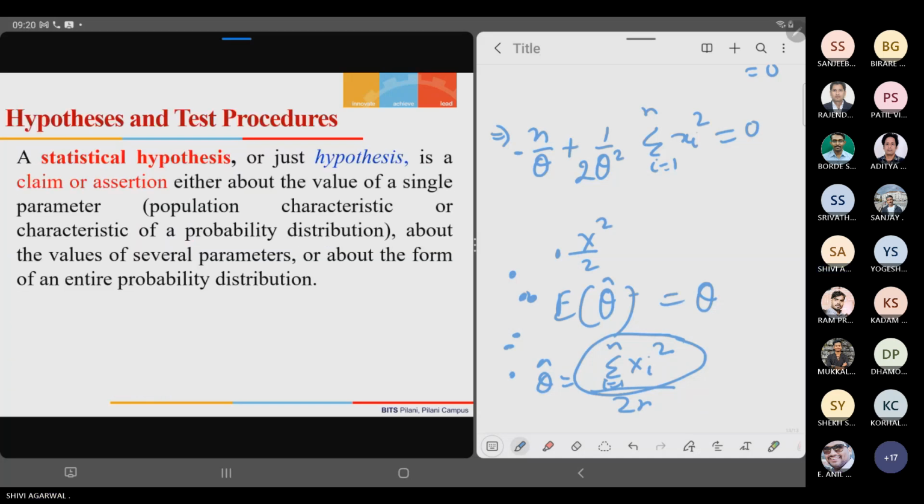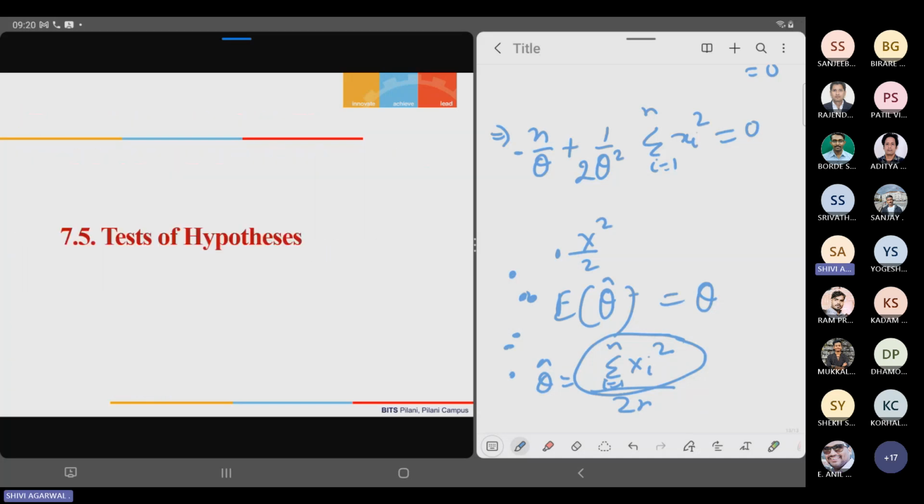Okay. So now we will do the test of hypothesis. So we have done the two types of point estimation. One is the unbiased estimator, which we have done in chapter 6 basically. Now we are doing the maximum likelihood estimator, which is section 7.4. Correct. Now we are doing section 7.5, test of hypothesis.